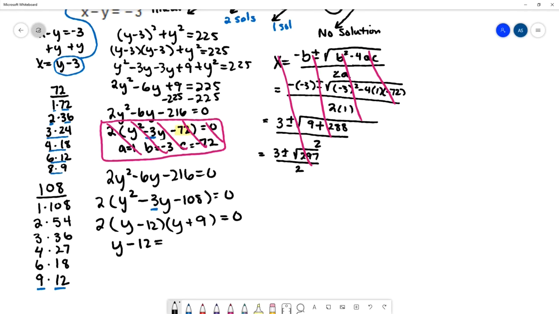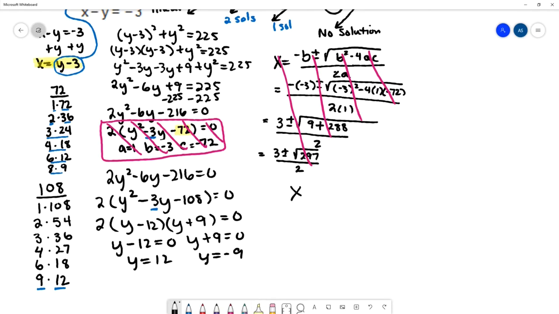We set each factor equal to 0. We have y minus 12 equals 0 and y plus 9 equals 0. We have y equals 12 and y equals negative 9. We're going to substitute this back in right here so we can get the x coordinates.